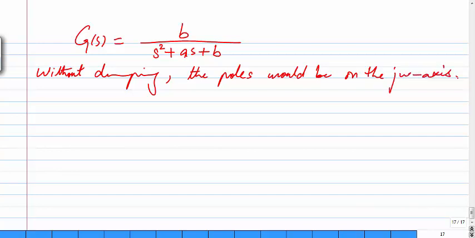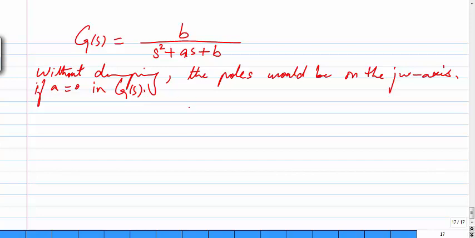This is only possible if a is 0 in G of s.